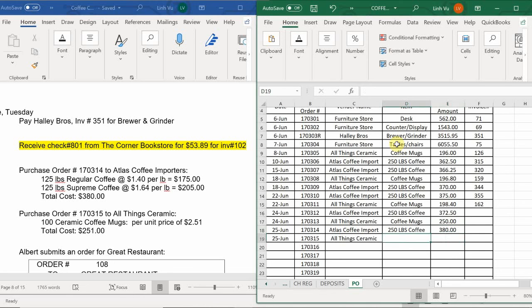And then we have another batch of coffee mugs coming in for a total of 251. So here, when we receive our inventory items, we'd be able to tell the difference which batch came first from which batch because the totals are two different numbers.